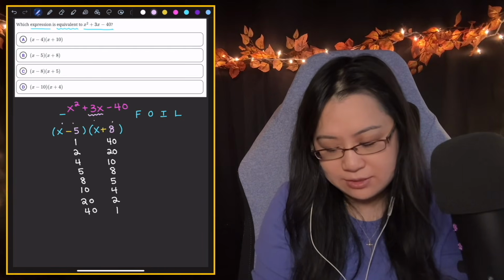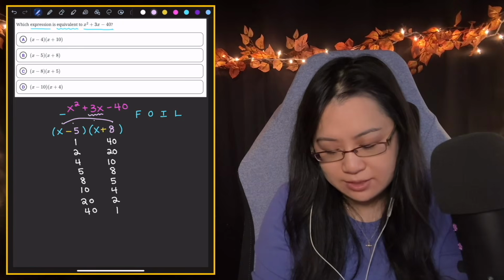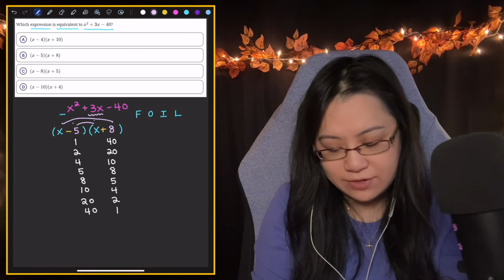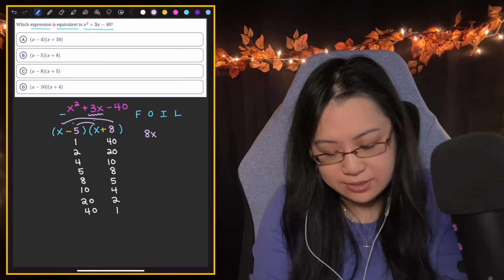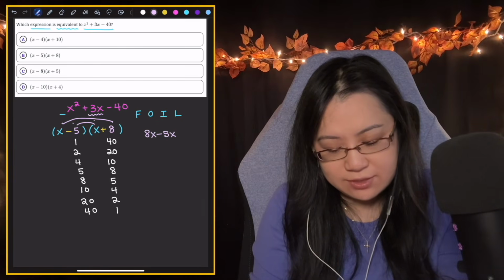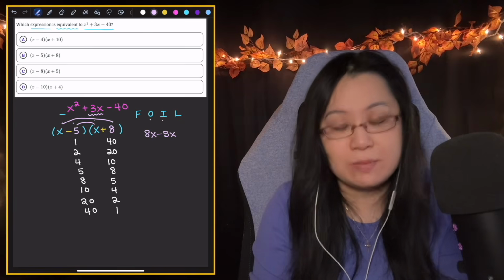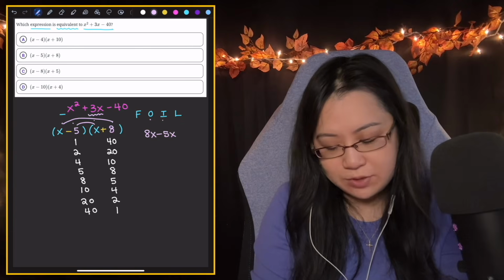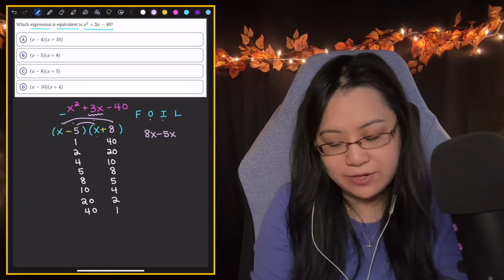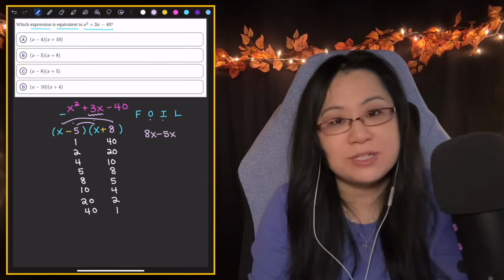Because 8 times x is 8x minus 5x is positive 3x. So 8x minus 5x, that's the O and the I part for FOIL, and that gives me positive 3x. So our answer is x minus 5 times x plus 8.